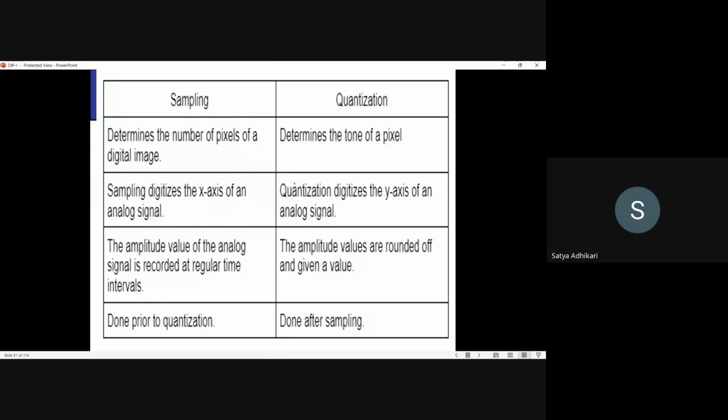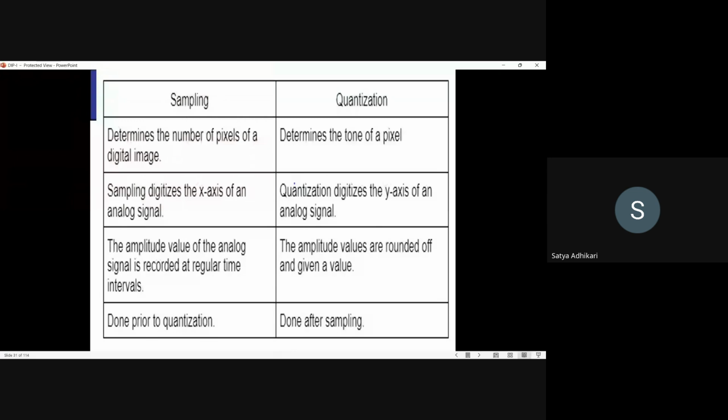Sampling determines the number of pixels in a digital image, that is, the location and position. Quantization determines the tone of the pixels, meaning the color value, the gray level values. Sampling digitizes the x-axis of an analog signal, but quantization digitizes the y-axis, because the x-axis represents the location and the y-axis represents the values.